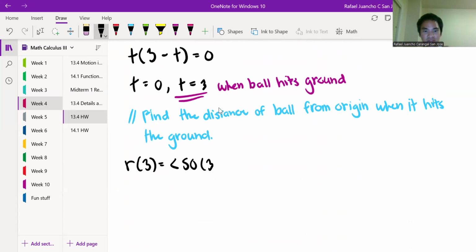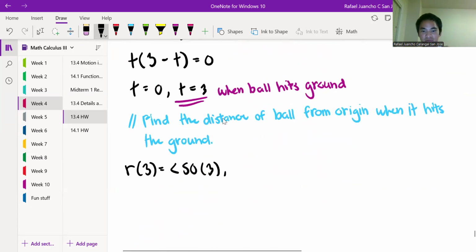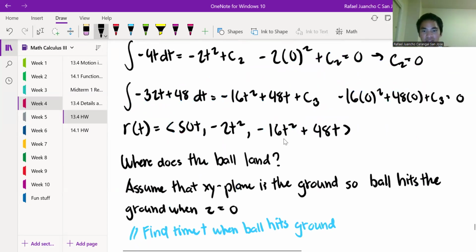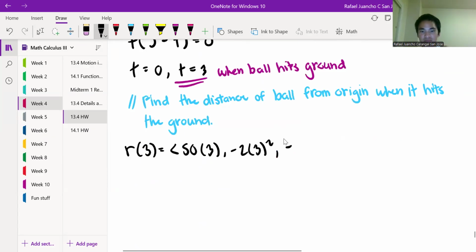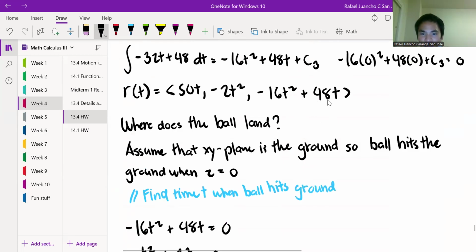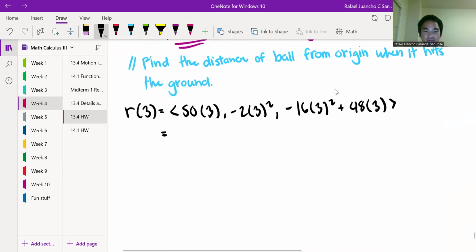So here we say 50 times 3, comma. Here we say negative 2 times 3 squared, comma. And then here we say negative 16 times 3 squared, oh no, I added with 48 times 3. And from there, I should get a number.